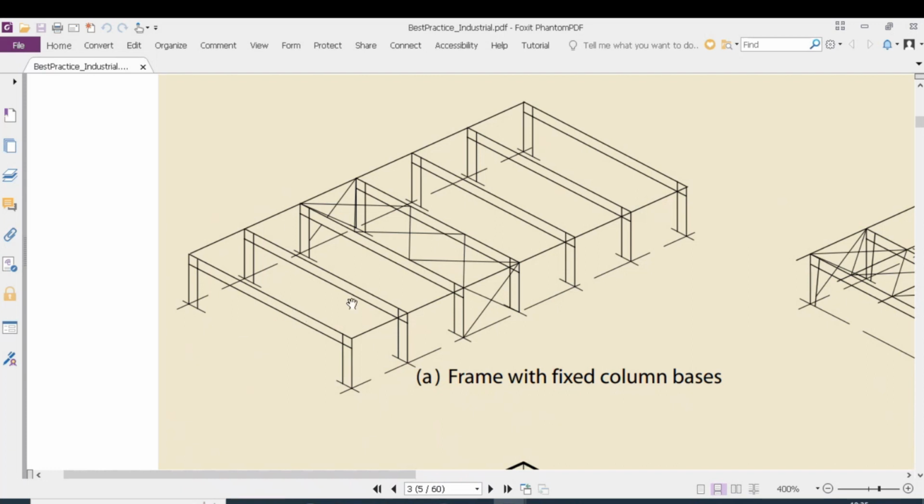However, out of plane, the structure might not be stable. In order to ensure out-of-plane stability of this system, we can provide a truss system at either one bay or multiple bays, which can bring the lateral load applied out of plane to these portal frames down to the ground.